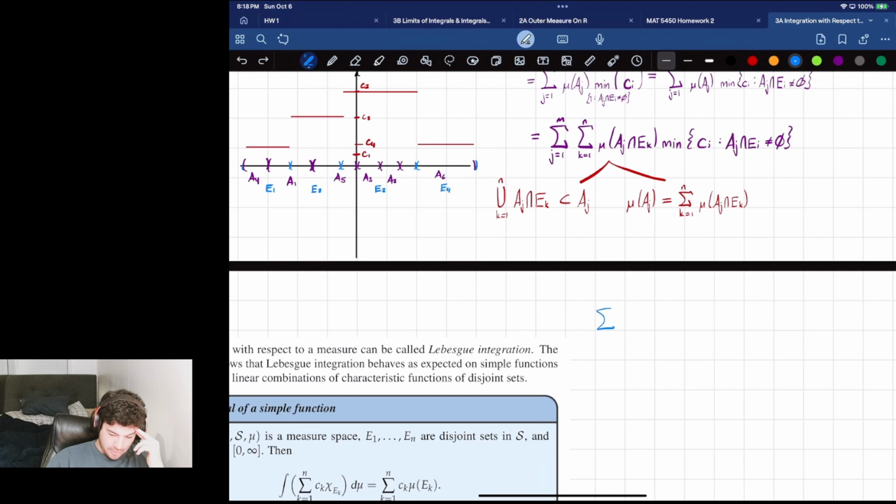So the measure can be 0 for some of the terms. Yeah, so the measure can be 0 here. So some of these terms zero out.